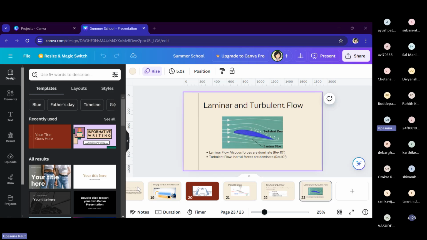Again, it's a range, right? If it's between 10 power 3 and 10 power 4, we're just defining certain characteristics for it.